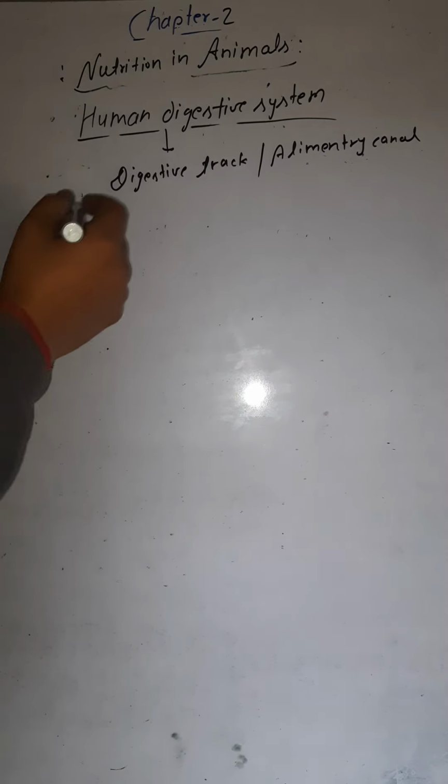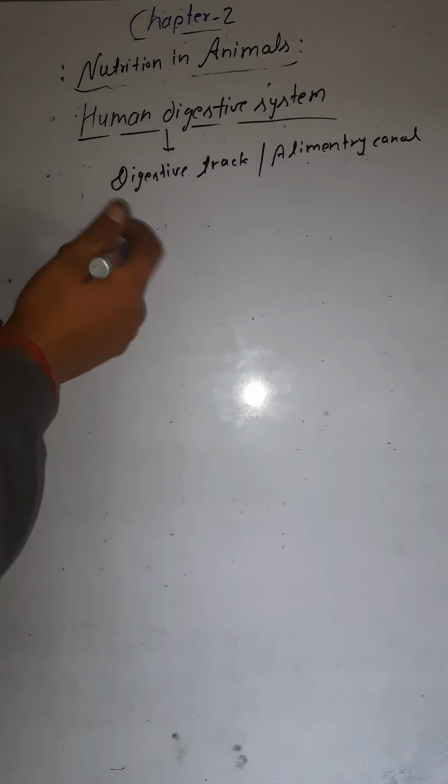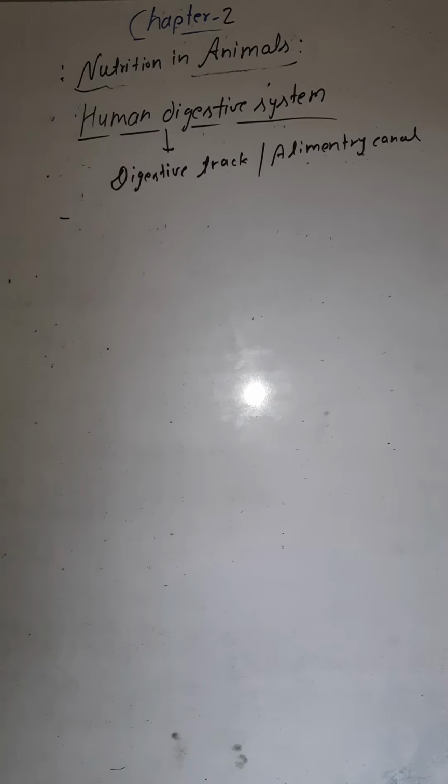Okay, so if you see, the human digestive system has many parts. The digestion starts from the mouth, then it goes into other parts. There are different organs involved in the digestive system. So what are the organs which are involved in the human digestive system?